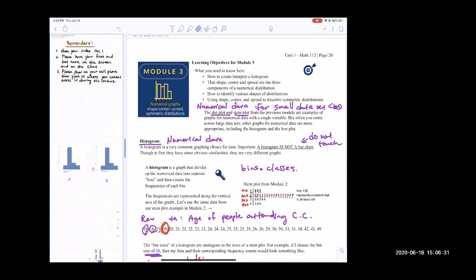Okay, so here, from module number 2, right, we looked at what we call the dot plot and stem plot. From the previous module, they are examples of what we call numerical data, okay? One other example of how to organize your numerical data is the histogram.